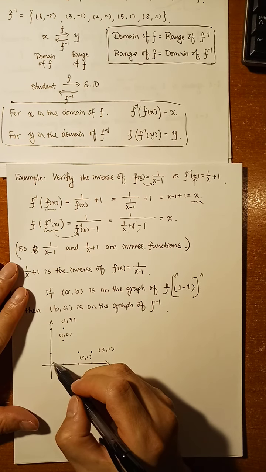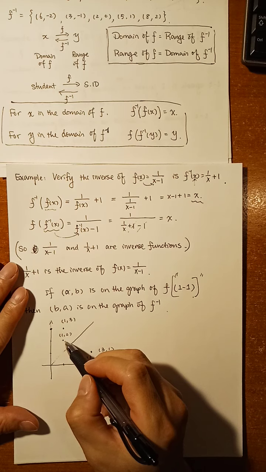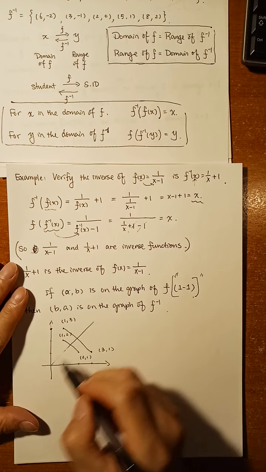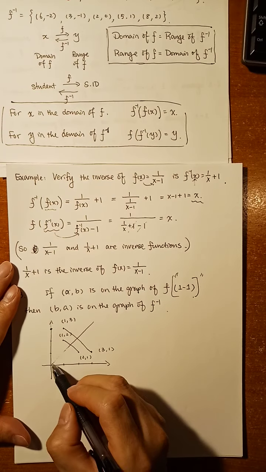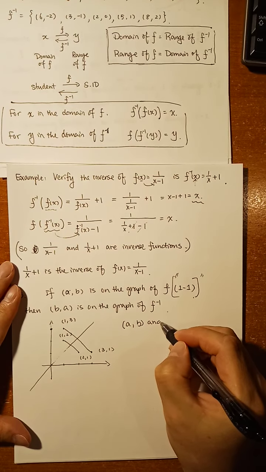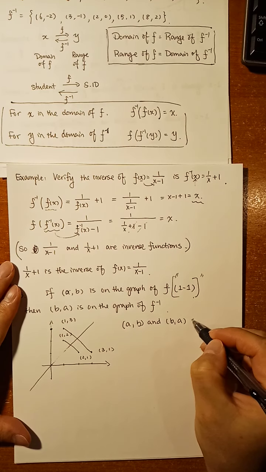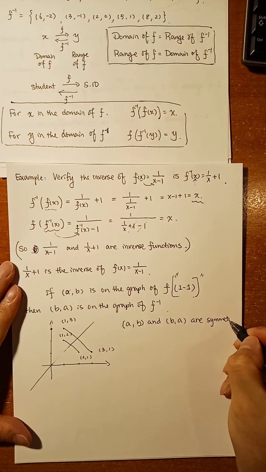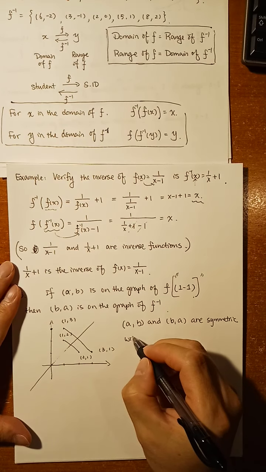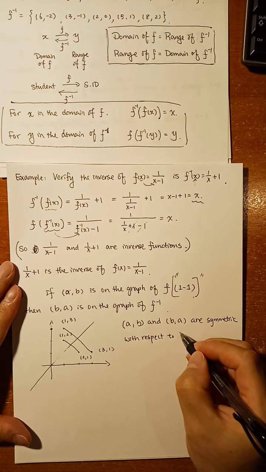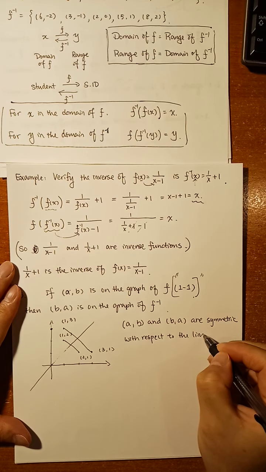So what are the properties about this relation, about these pairs of points, (a, b) and (b, a)? They are actually symmetric with respect to the diagonal of the first quadrant. (a, b) and (b, a) are symmetric with respect to the line diagonal.